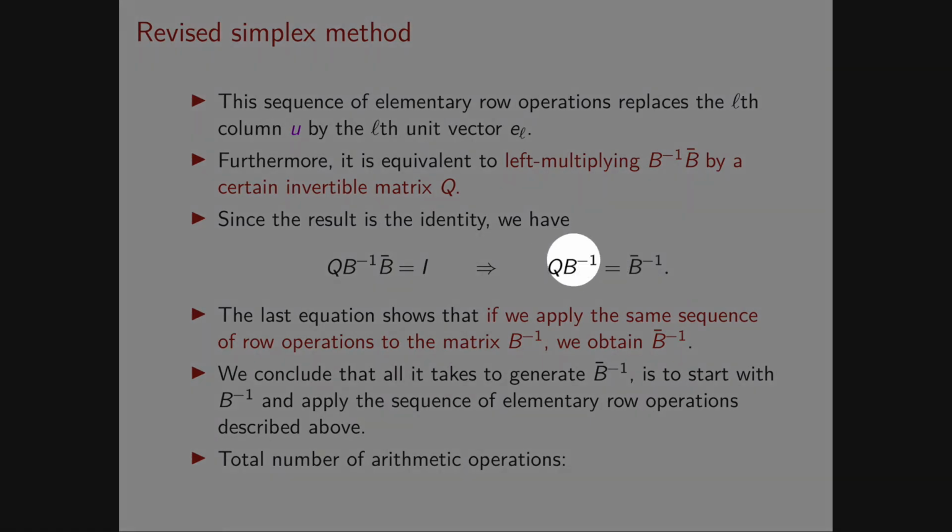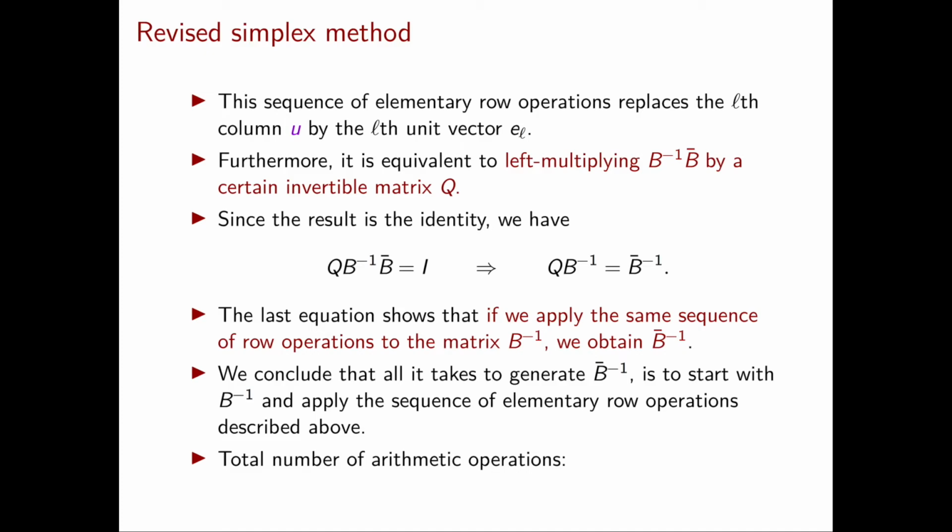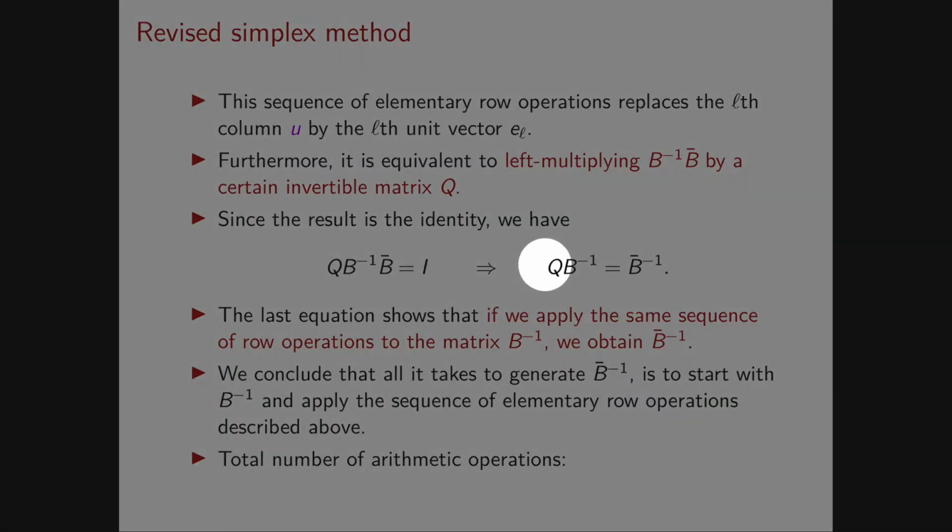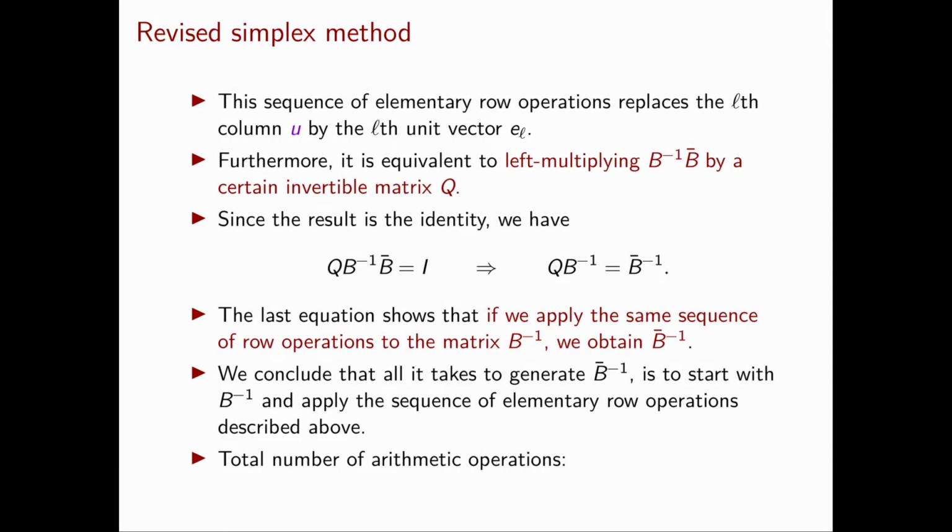In particular, this identity tells us that the matrix B bar inverse can be obtained from B inverse by applying the same sequence of row operations corresponding to the matrix Q. Therefore, all the elementary row operations that we needed to transform the column U into the vector EL. So now we have fully understood how to construct B bar inverse starting from B inverse.